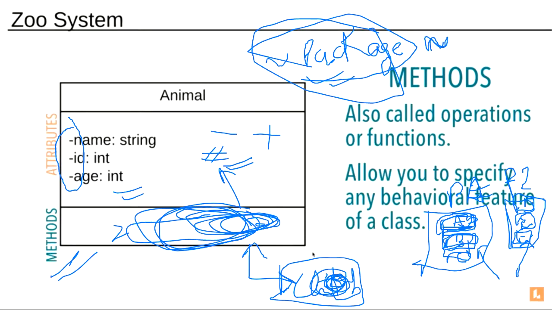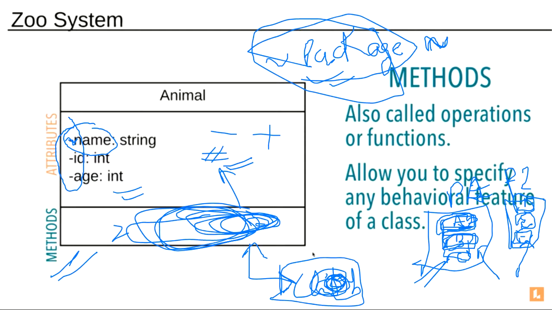Suppose this is in front of name. In front of name you put this package sign. It means name can be accessed only by those classes which are inside this package A, any class. Got it? So these are the visibilities.